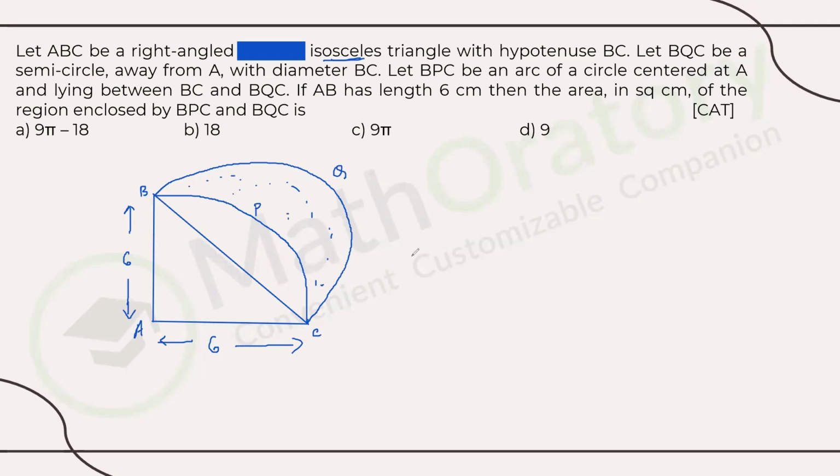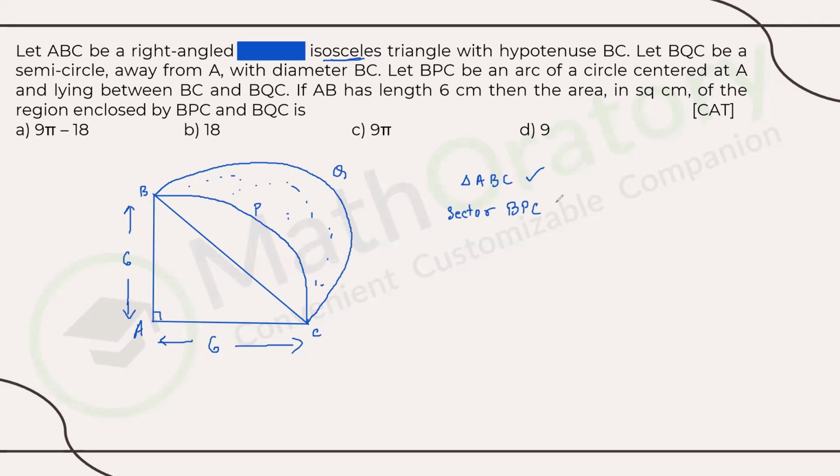If you think in this way, it should be pretty obvious that the area of the triangle ABC we can determine very easily. We can determine the sector BPC, because not only do we know that it's a part of a circle, but the center is at A and this is 90 degrees. So this BPC is basically a quadrant of a circle, right?